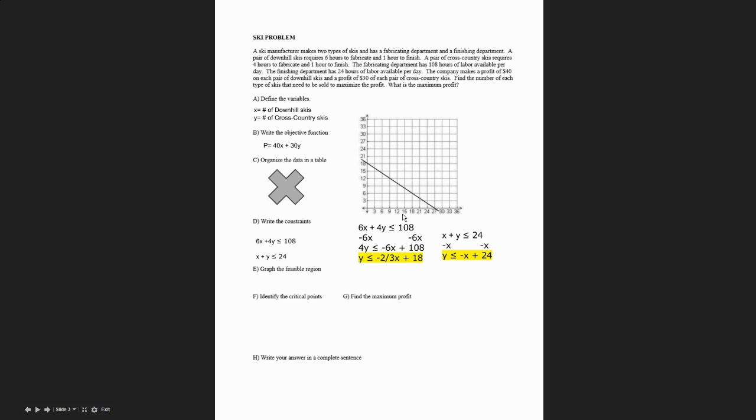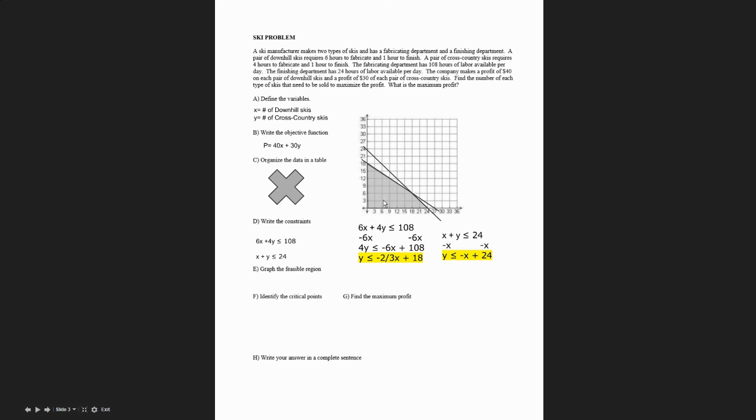So then you'll plot both of these lines, and you should get this. And both of these are less than or equal to, so the region is going to be below both of these lines. So the feasible region will be anywhere below both of the lines.